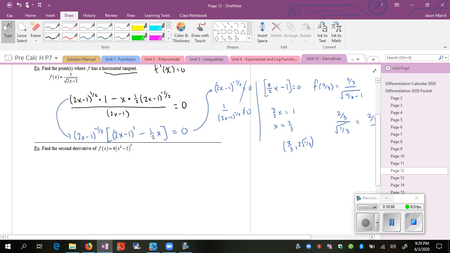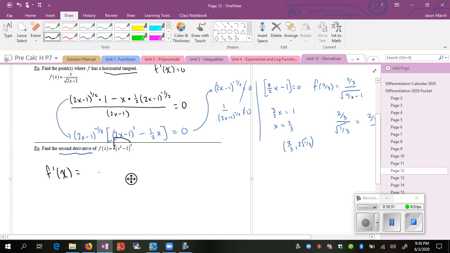Last one, find the second derivative. Well, it sounds kind of confusing, but it's really just the derivative of the derivative. So we have to find the first derivative. Notation for that is going to be f prime of x. Some of you might be wondering if we're going to use product rule for this, and the answer to that is no, because we have a constant multiplied in front of the parentheses.